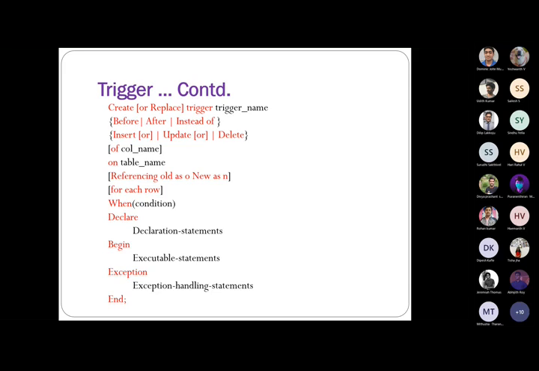A trigger can be created before, after, or instead of keyword. It can be created before an insert operation or before any DML operation or after a DML operation. The instead of keyword is used when you work with views. Then again you have the when condition.